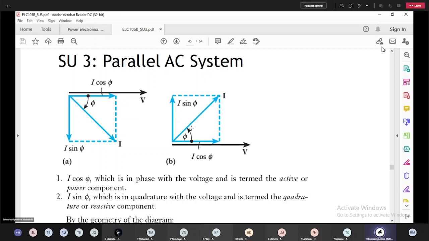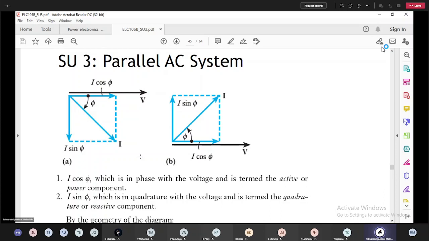So maybe the question one might ask is, what happens when you have got impedances connected in parallel, not just a resistor, but you have got a resistor in series with the inductor connected in parallel with the resistor in series with the capacitor. So you need to understand that. You need to understand that now you are working with not just components, a resistor, capacitor, inductor connected in parallel. We are working with combinations connected in parallel.